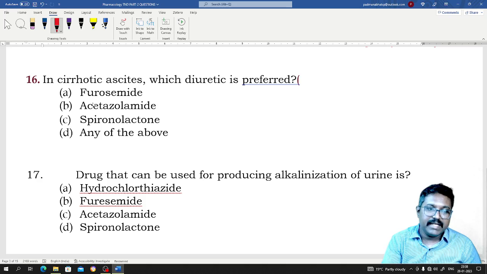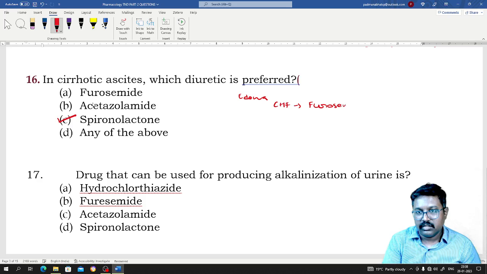So please remember, in case of cirrhotic ascites, you're going to choose the spironolactone as a drug of choice. In case of edema due to CHF, the answer will be your furosemide. Again, if the edema is due to the renal disease or the nephrotic syndrome, the answer will be your furosemide.